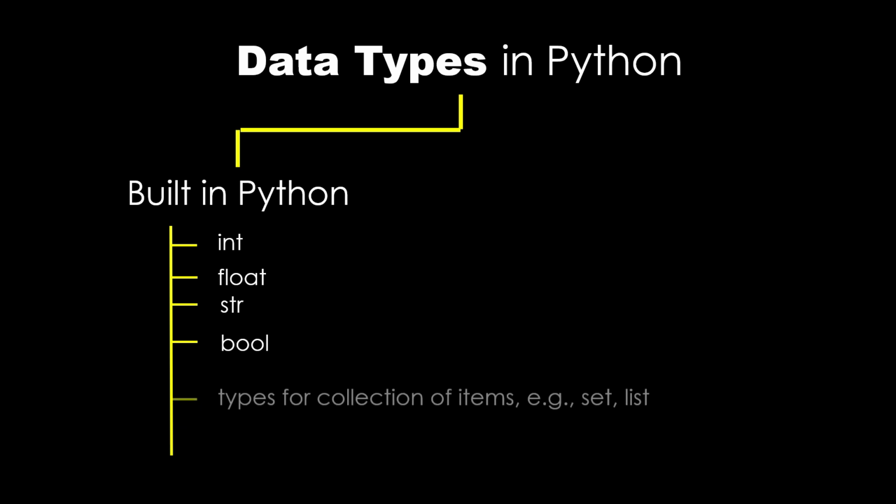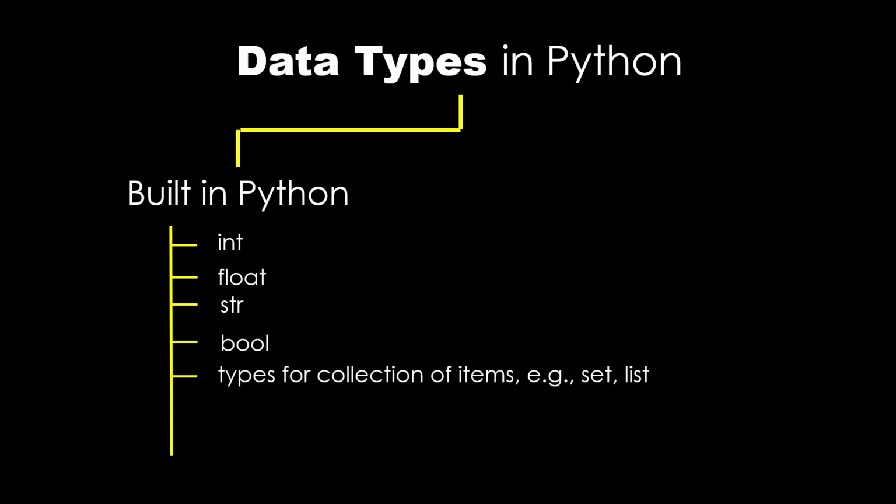Along with these common types, there are a bunch of types used for collection of items, like list, tuple, dict, set, etc. We will explore them separately in the future episodes.